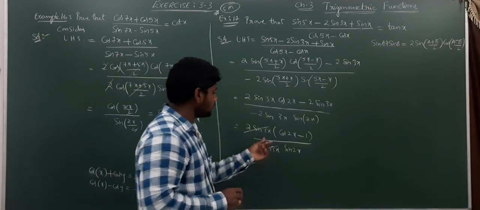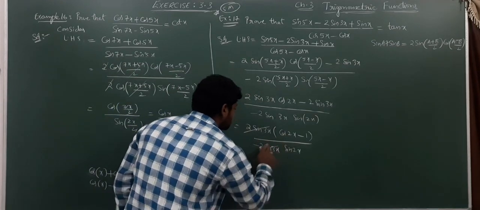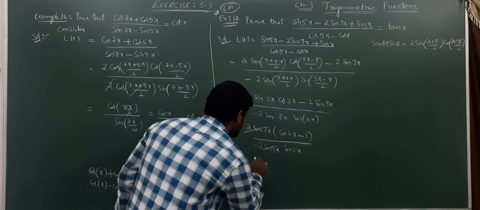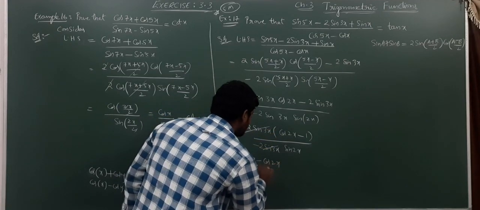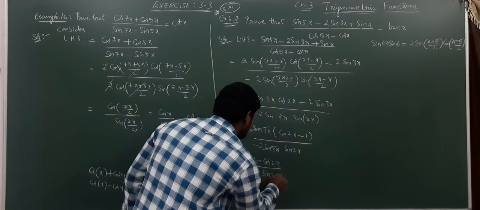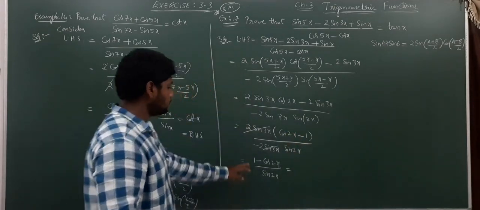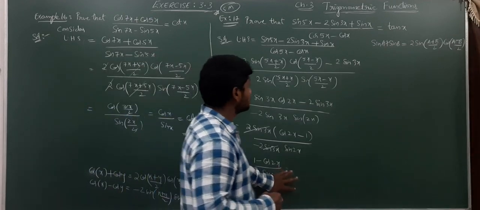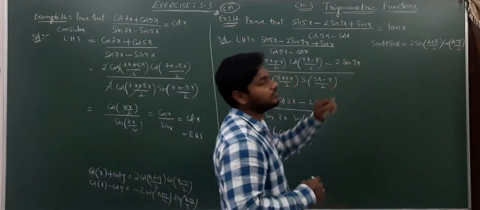Now if you bring the minus upside, it will become 1 minus cos 2x by sin 2x. Now, by using this 1 minus cos 2x by sin 2x, what should we get actually in terms of tan?